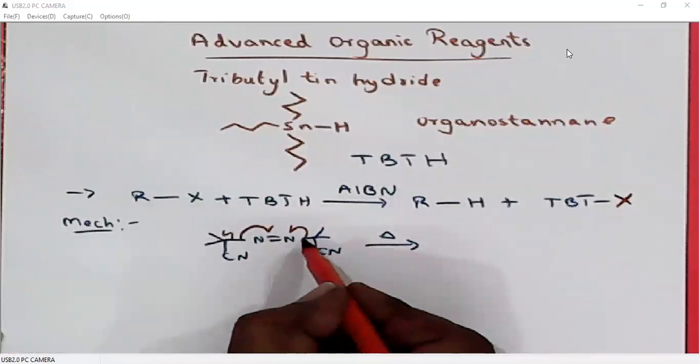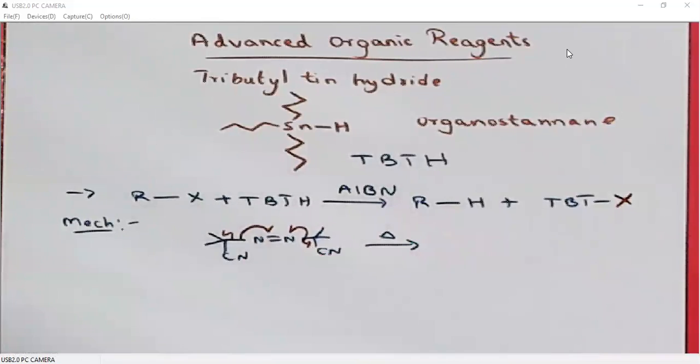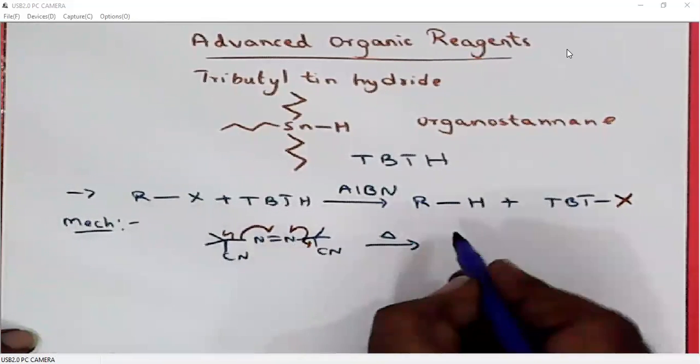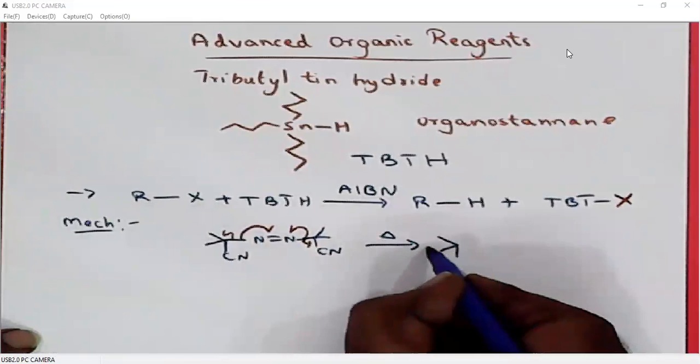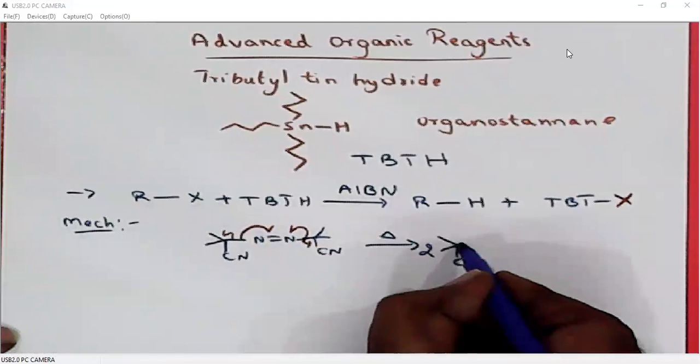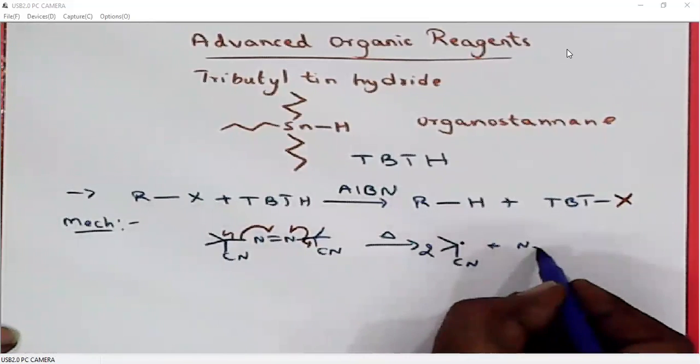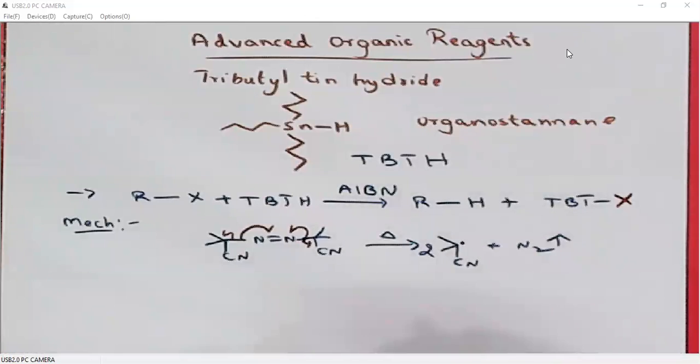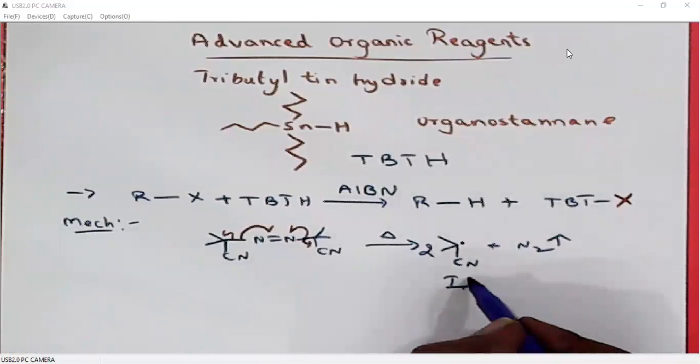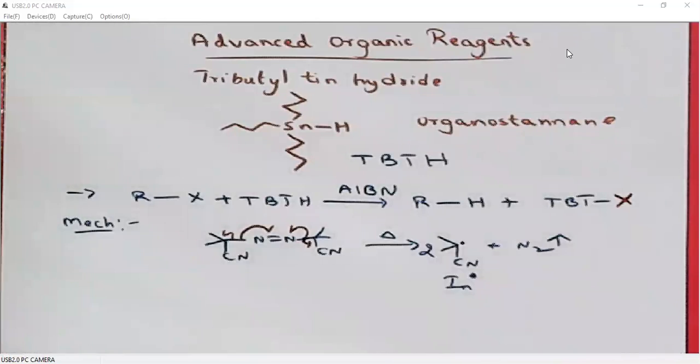So this bond also, one of the radicals will be polarized towards this carbonyl. So we will be generating isobutyronitrile radical plus nitrogen gas, which will escape. We will consider this as the initiator radical.